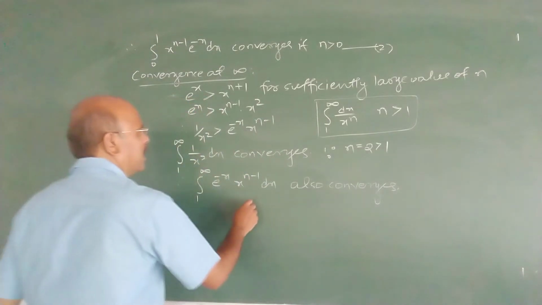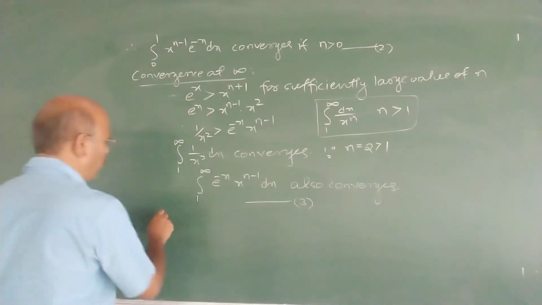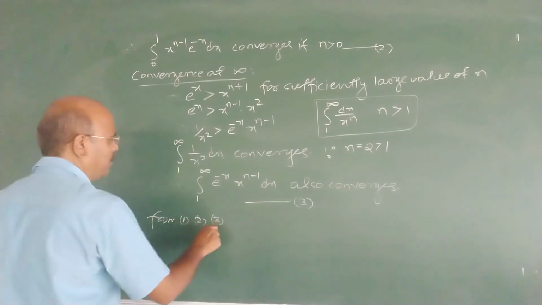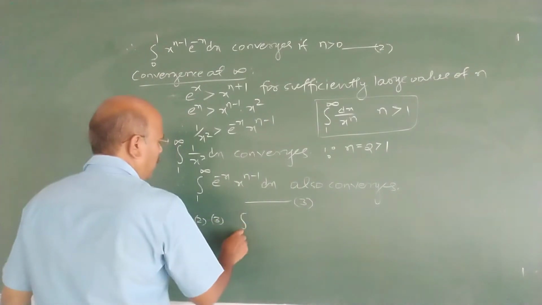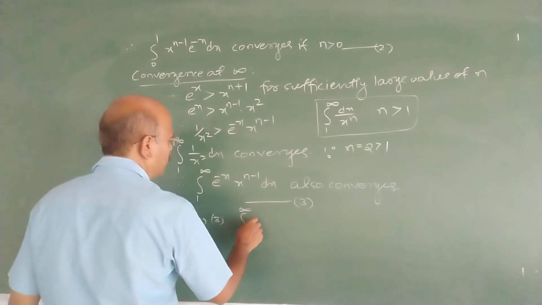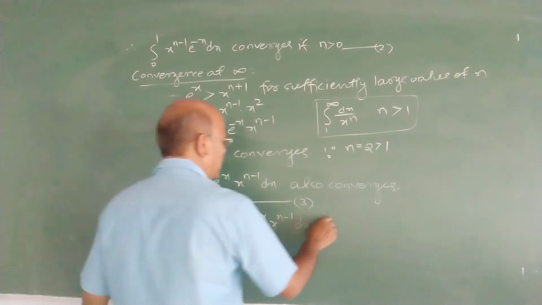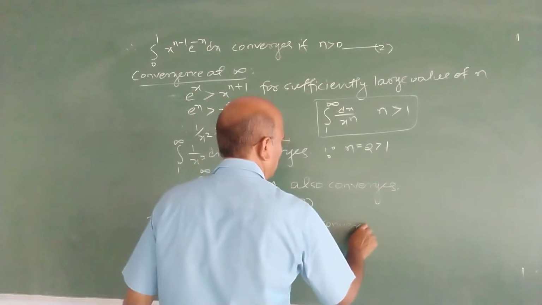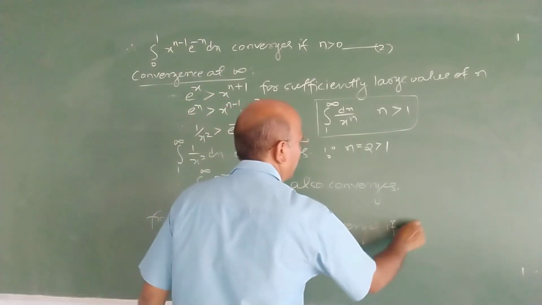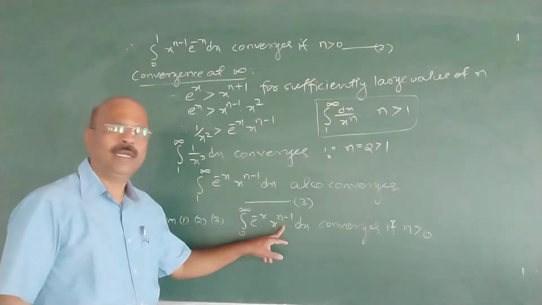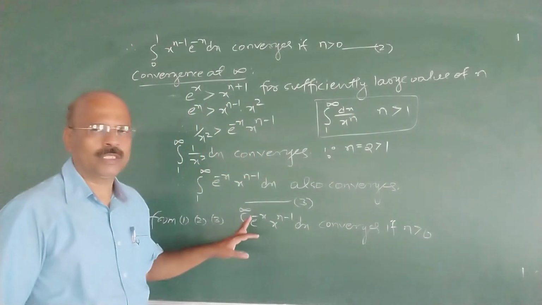Converges. Now take this as 3. From 1 to 3, the integral 0 to infinity of e raised to minus x, x raised to n minus 1 dx converges if n is greater than 0, and it will be a function of n and is called gamma function.